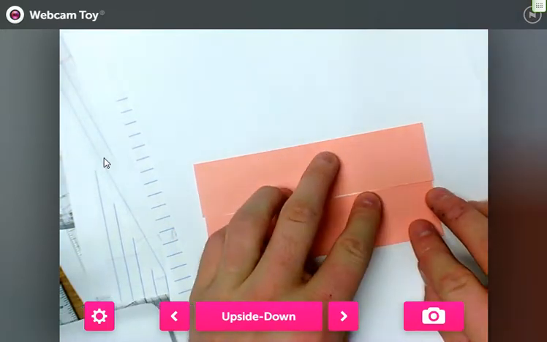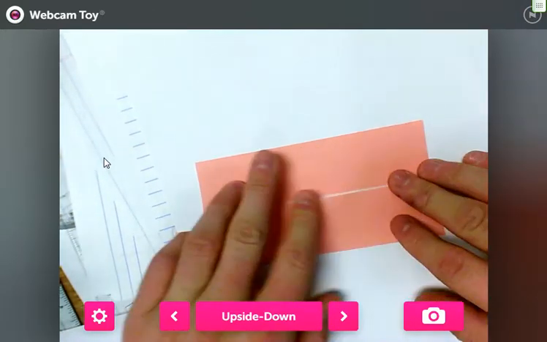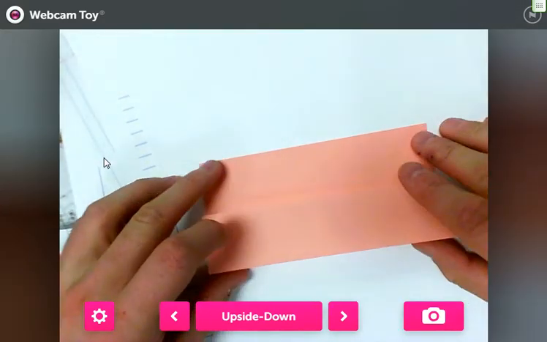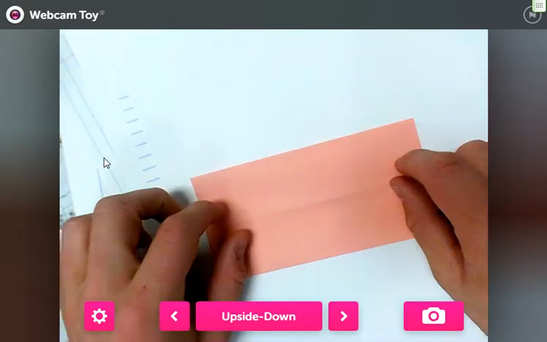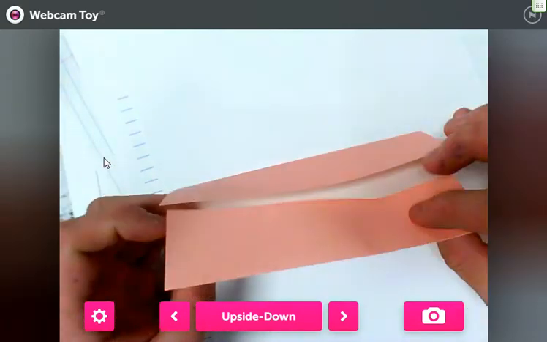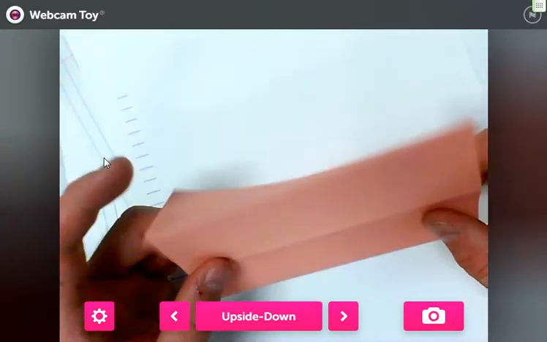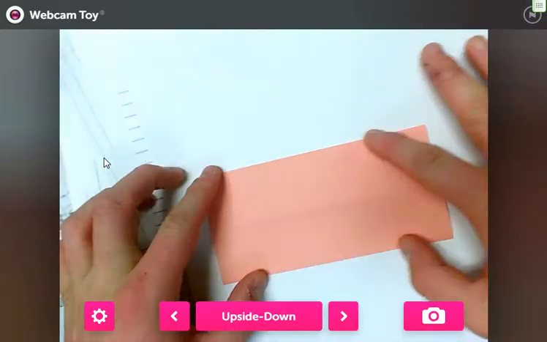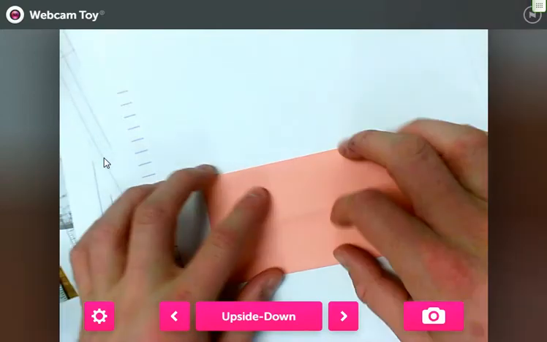This is one of the important parts. You can see a little bit of white right there. You're going to flip this over. The side that opens up needs to be down on the table. So there's no opening here.